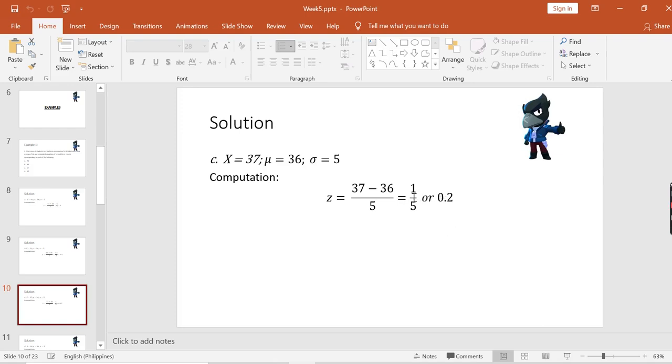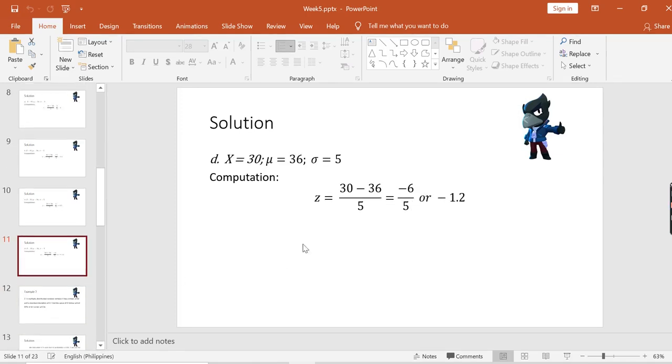You just press on the calculator 1 divided by 5. Next, when x is 30, mu is still 36 and the standard deviation is 5. Substituting in the formula, 30 minus 36 over 5 is equal to negative 6 over 5, or negative 1.2.